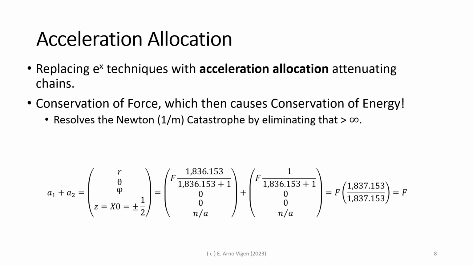And if I have conservation of force, everything after that, conservation of energy, and all the things that are challenging us in quantum theory, become naturally flowing from first principles. And as such, I've replaced 1 over m with what is a gradient, an interactive inverse gradient between the two particles.